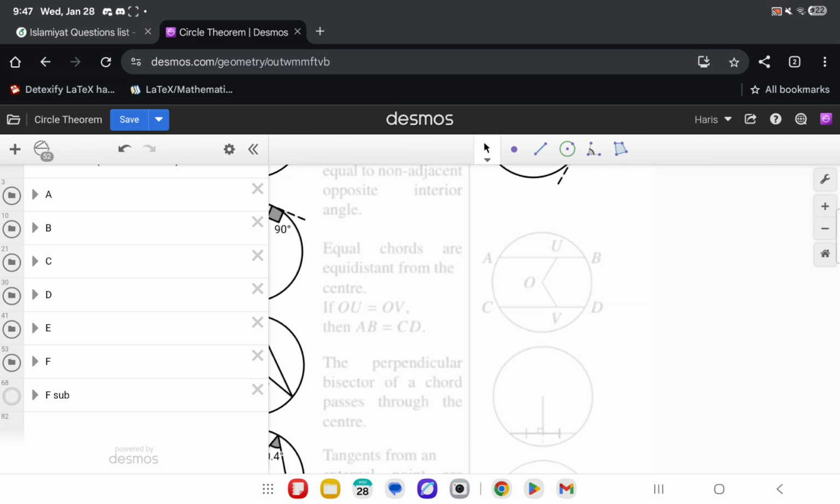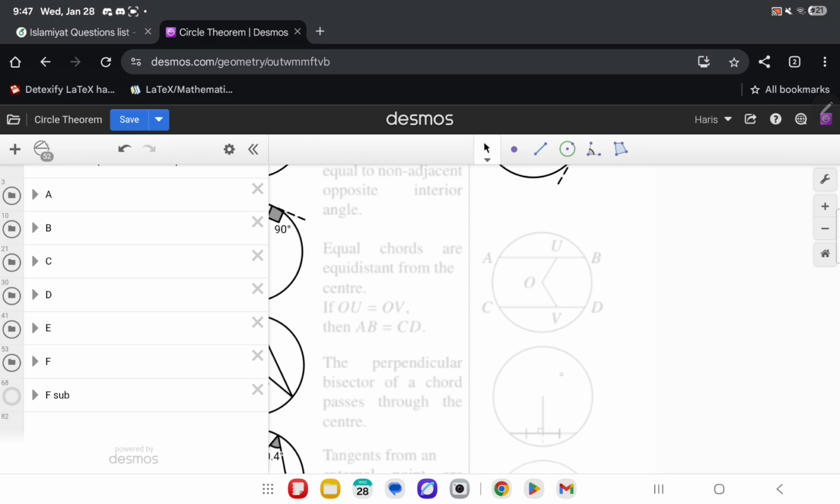If we have two chords AB and CD and they are of equal length, that means they won't be perpendicular. But if they are equal lengths, then if we draw a radius OX, the intersection will be at U. So OU will be this segment.